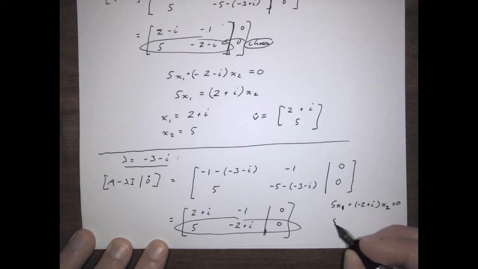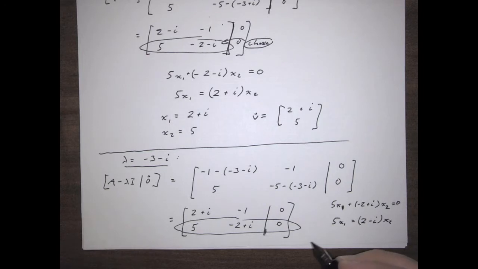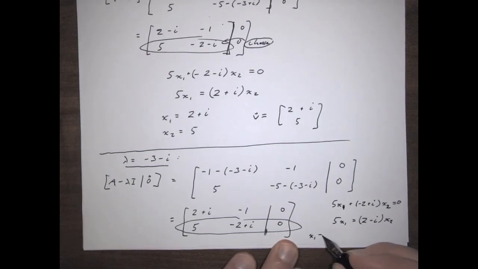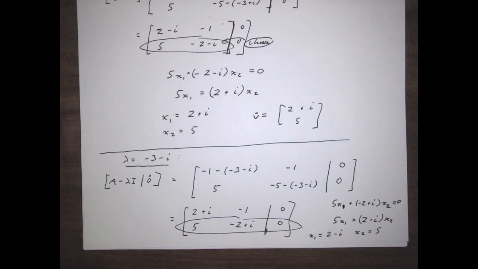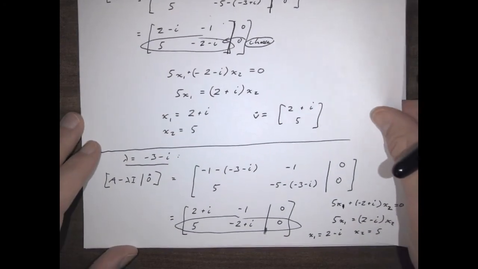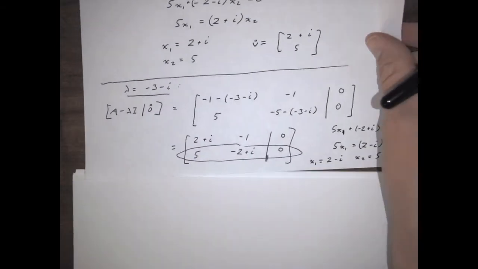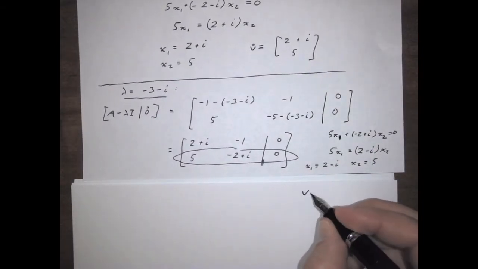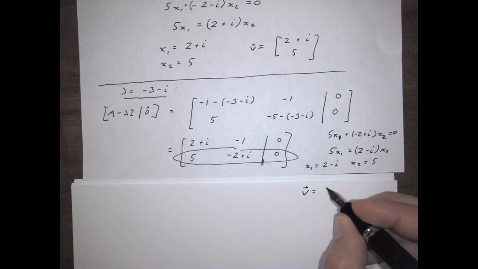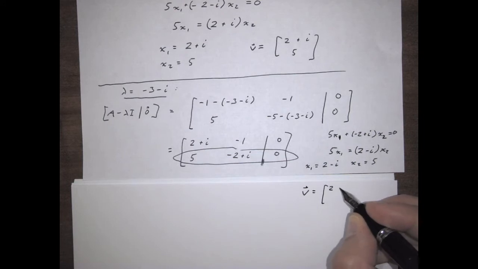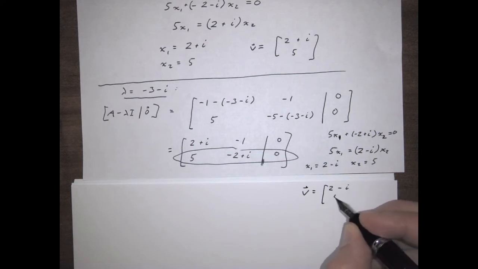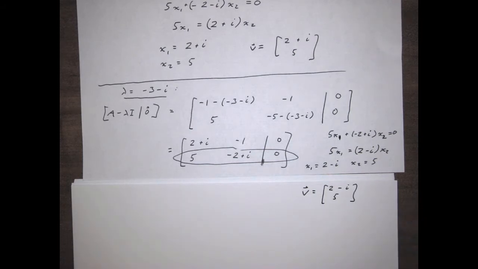Move everything to the other side, so 5x1 is equal to (2 minus i) x2, which gives us x1 equals 2 minus i, x2 equals 5, and so that gives us a new eigenvector v, which equals (2 minus i, 5).